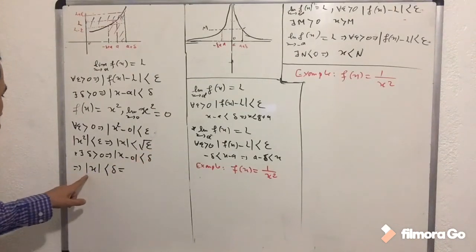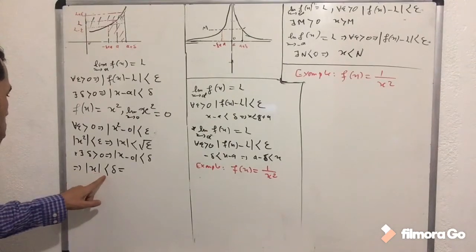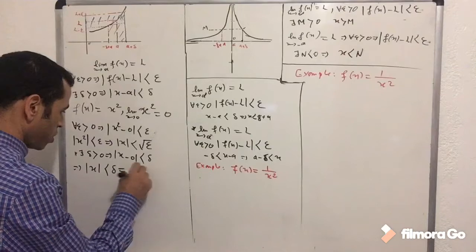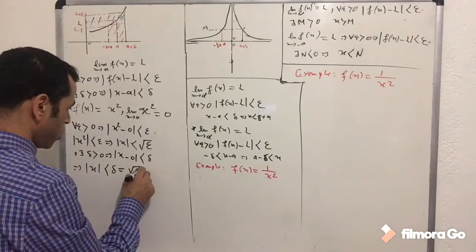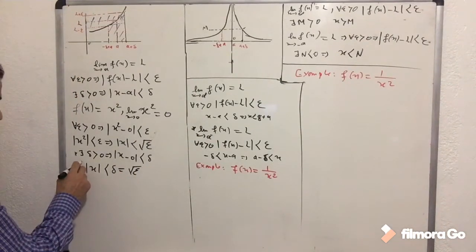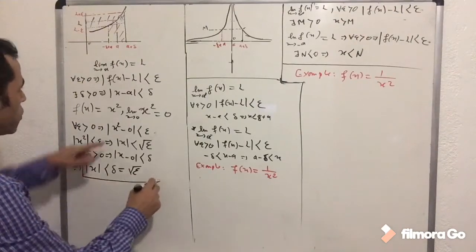The second inequality is absolute value of x strictly inferior than delta, so in this case we put square root of epsilon equal delta. Okay, this is the proof by using this example. We proved this theorem, the first.